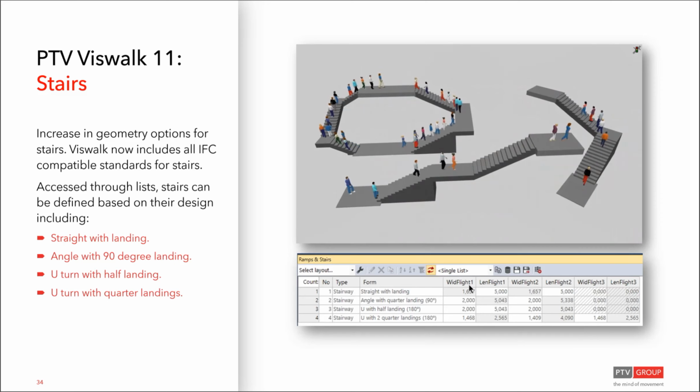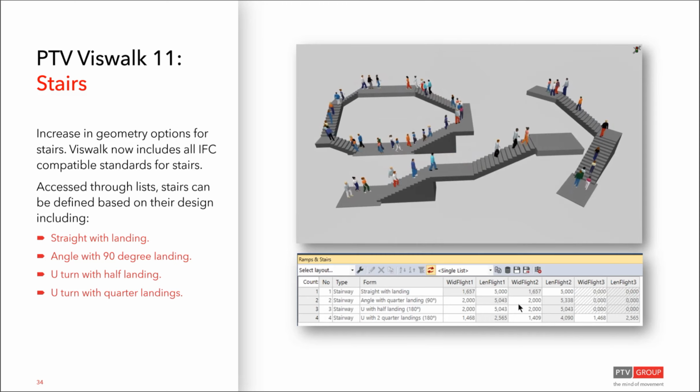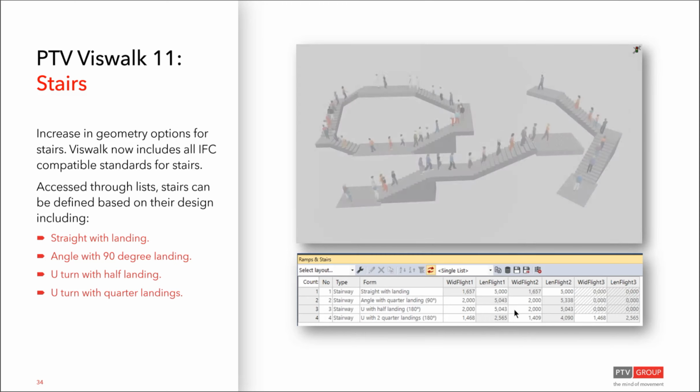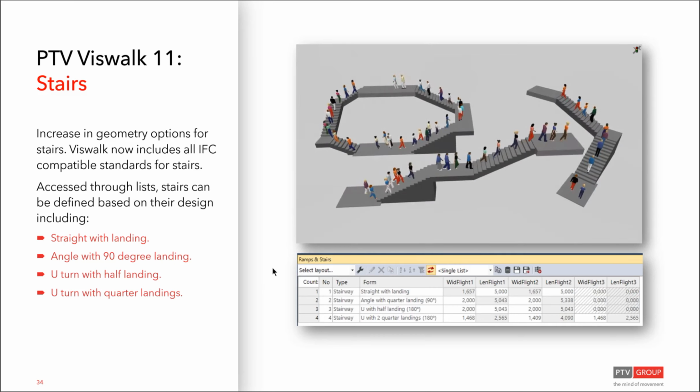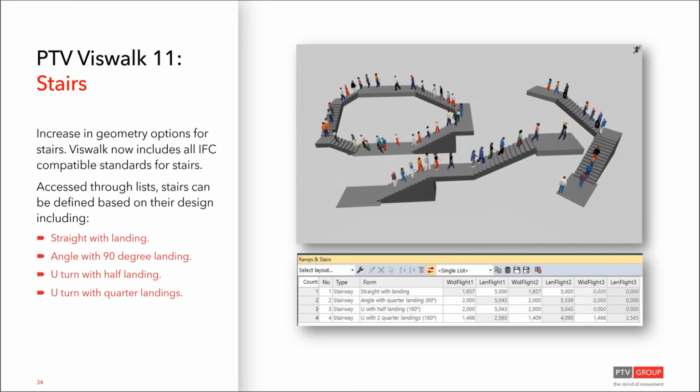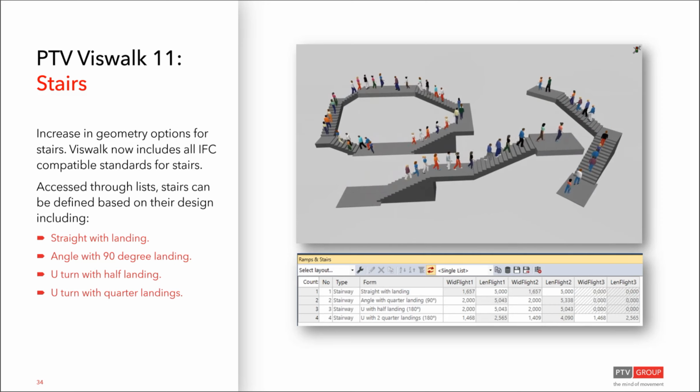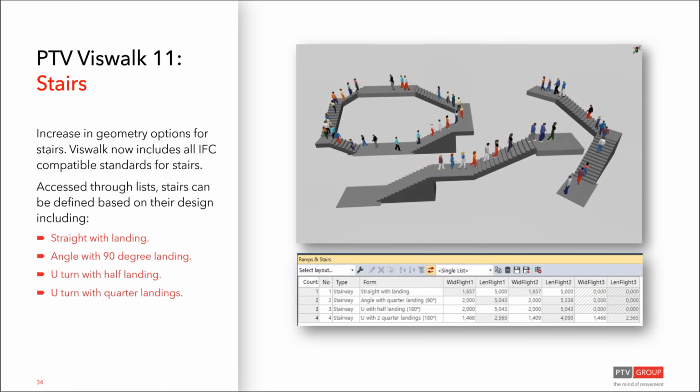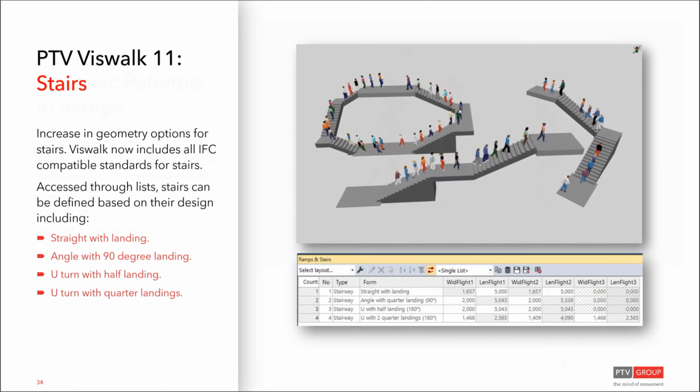There are additional attributes for flight 1, flight 2, flight 3, the length and the width, and you can enter them to create them. Also, if you import from BIM, from the building information model, they have this kind of stairs in their standard, so you can directly import them from there.